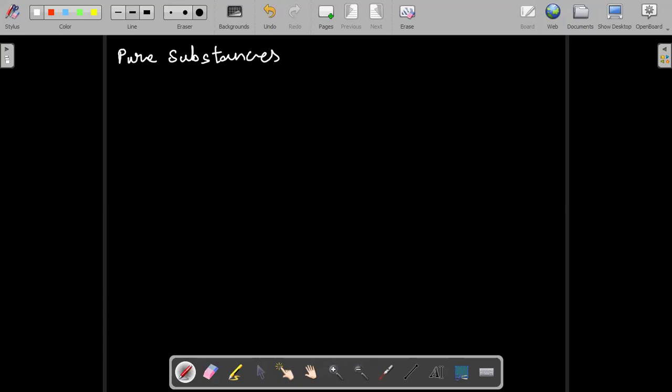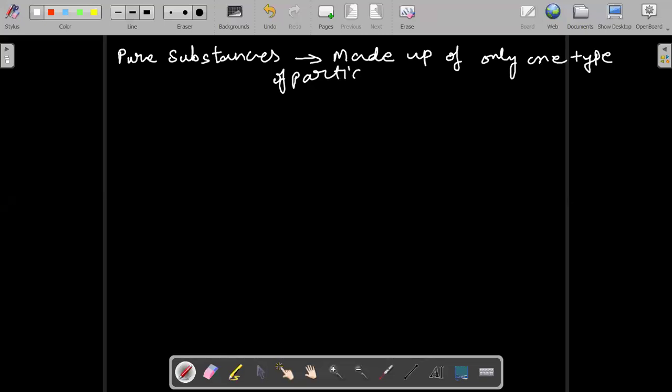Okay, those made up of only one type of particle. You don't need to say elements or compounds, it can be other than them also, but yes, they have to be pure substances. So pure means made up of only one type of particles.